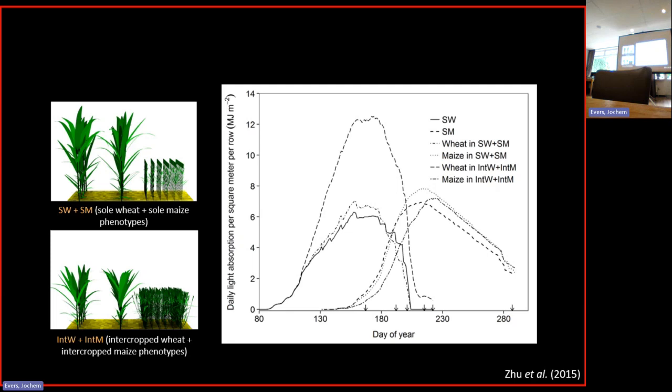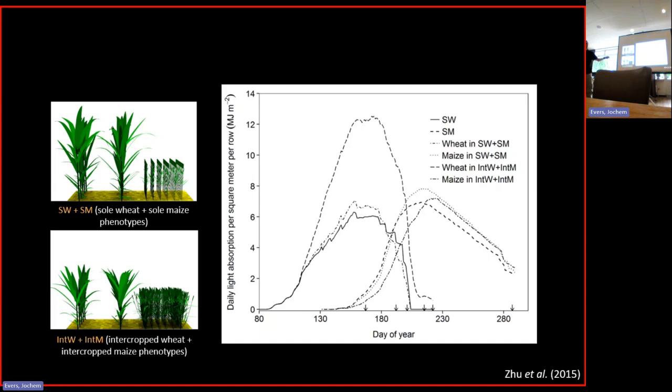And this is the thing in a little bit more detail, just showing you how important this plasticity is. If we just look at the wheat lines here, so disregard the ones on the right, just the first ones. This is time, day of the year, and this is the daily light absorption, not accumulated anymore, by the wheat plants.